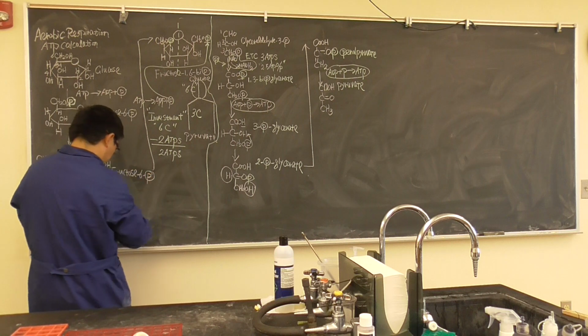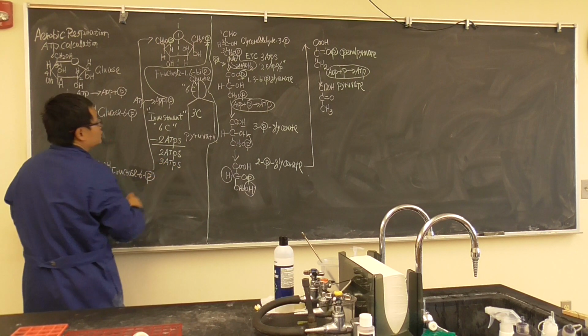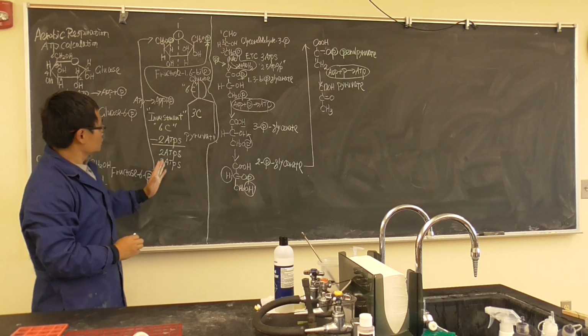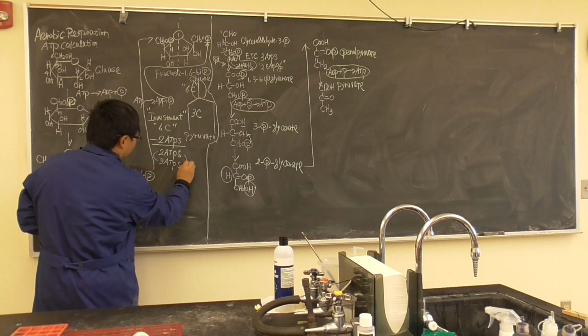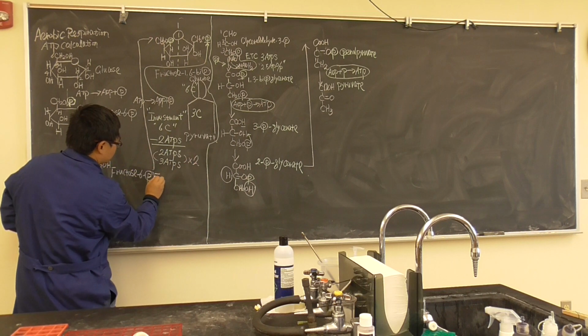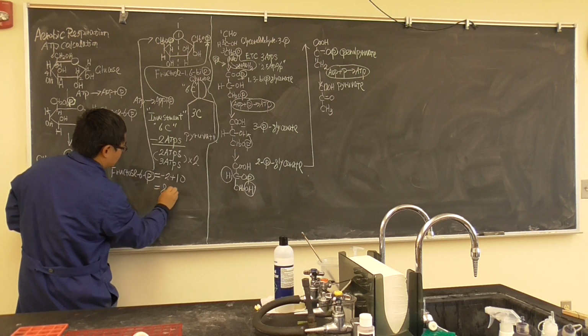So we'll add 3 ATPs right here. Remember, this is a branch, so this whole thing happens twice. Therefore, we multiply by 2. How many generated? It is -2 plus 10, so equals 8 ATPs.